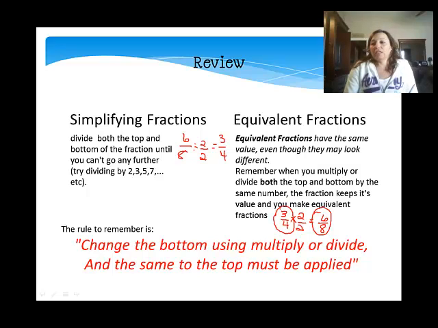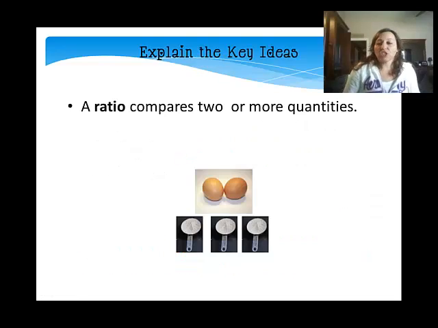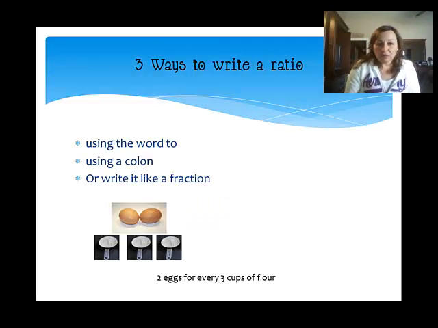All right. So let's talk about what a ratio is. A ratio compares two or more quantities, or two or more numbers. So in this case, we see 2 eggs and 3 cups of flour. The ratio is the comparison, 2 eggs to 3 cups of flour. So we're comparing egg to flour. There are 3 ways that you can write a ratio. You can write it using the word to.